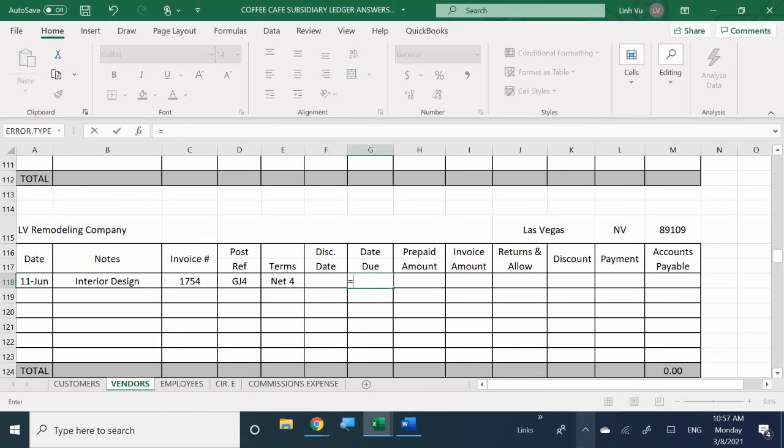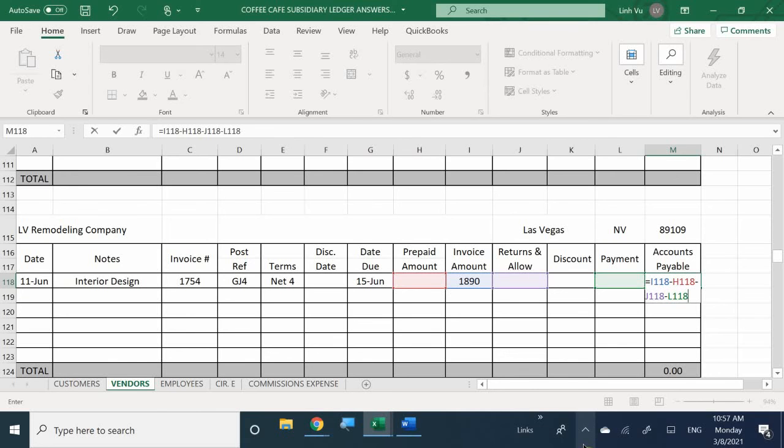However, when is this bill due? 4 days. So what's the actual date? 15th. Yes, the 15th of June. All right, and the invoice amount is going to be for $1890. All right, we made no payments to it, so therefore it should be invoice minus prepaid minus returns minus discounts.